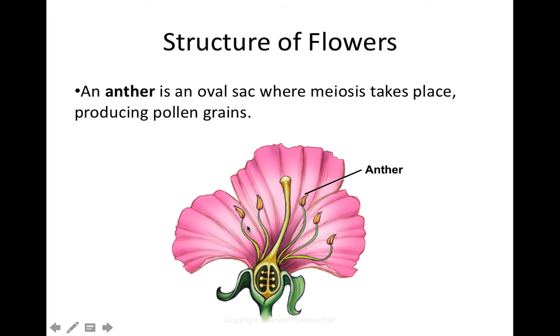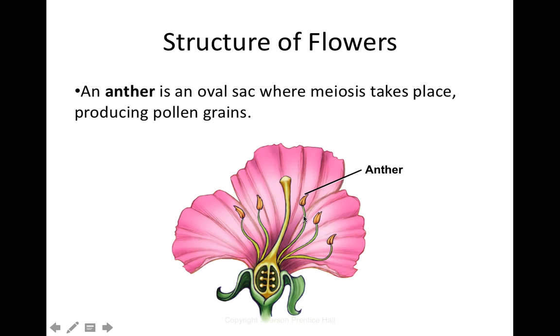So let's look at anthers first. These are responsible for making pollen. So they're the main male reproductive organ. They'll produce pollen, and that pollen coats the outer surface of these anthers.